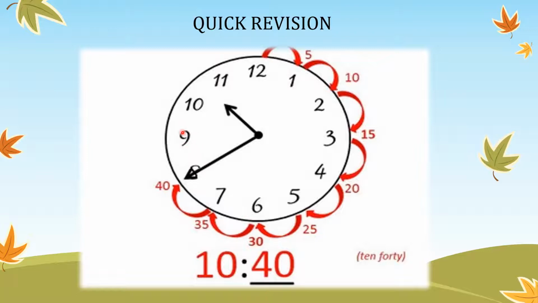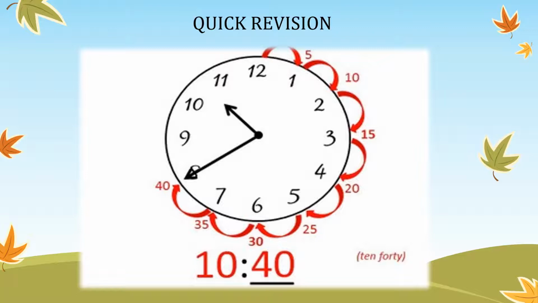You can see 9, 5 nines are 45, 46, 47, 48 and 49. Then 10 पे हमारा आ गया 50. Students, you can see here we have almost revised the table of 5.